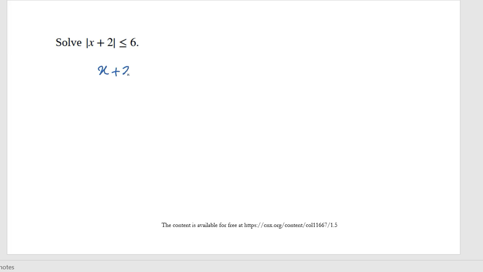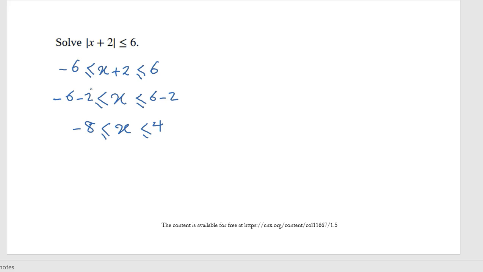So x plus 2 is less than or equal to 6, and more than or equal to negative 6. So x is less than or equal to 6 minus 2 and more than or equal to negative 6 minus 2. So x is between 4 and negative 8.